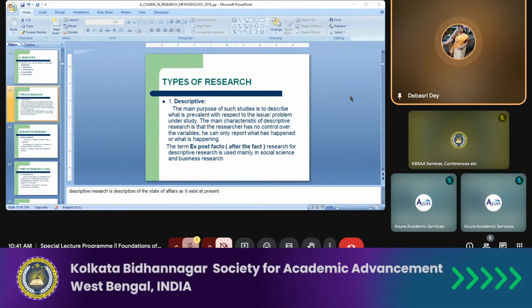So the methods which should be adopted in conducting descriptive research are survey methods. I give you a keyword once again: survey methods of all kinds. They include correlational and comparative methods.